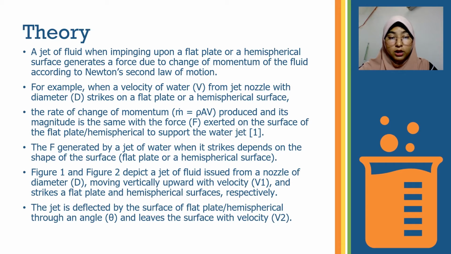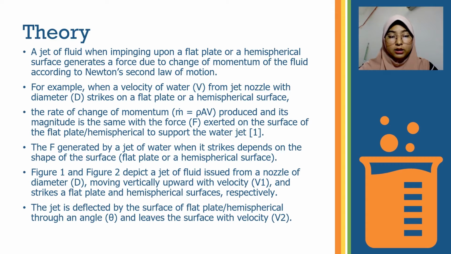Figure 1 and Figure 2 depict a jet of fluid issuing from a nozzle of a given diameter, moving vertically upward with velocity V1 and striking a flat plate and a hemispherical surface respectively.